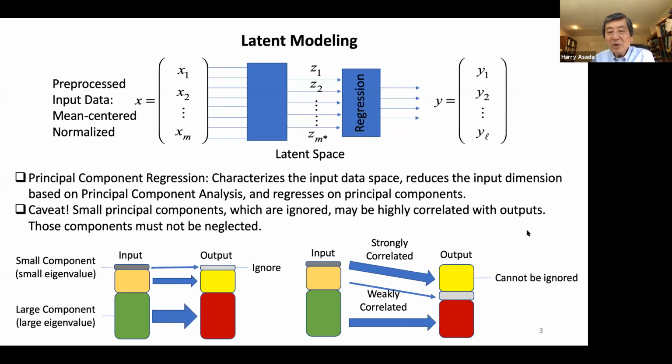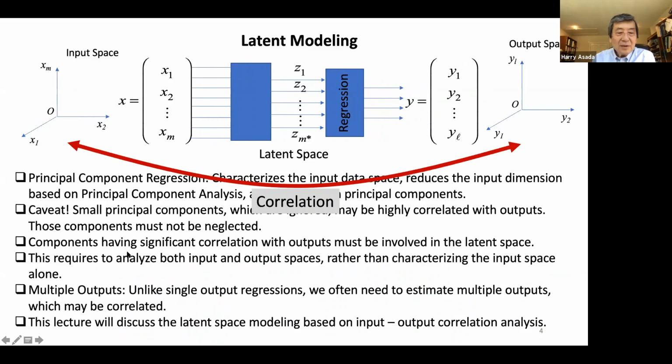And maybe correlation is one mathematical tool that we can use. So in fact, components having significant correlations between input and output must be involved in the latent space. And this requires analyzing both input and output spaces rather than characterizing the input space alone, right?